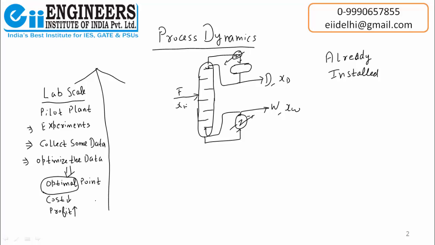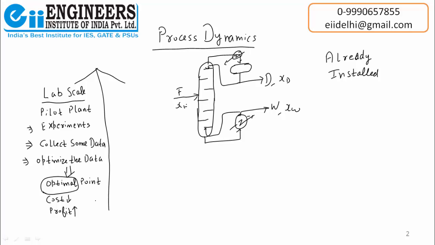Time is required in doing the experiments. Many errors are there as experiments are carried out, and during optimization, calculation is required. So it is time taking, money taking, and not error free.